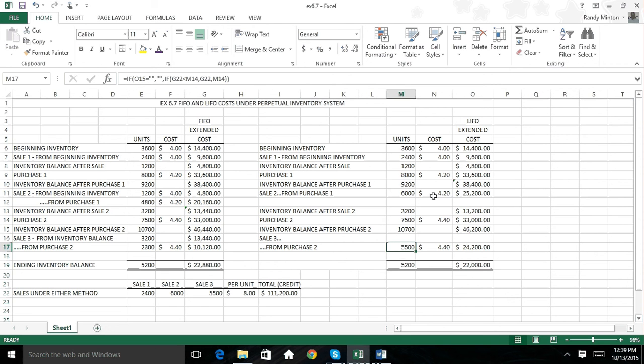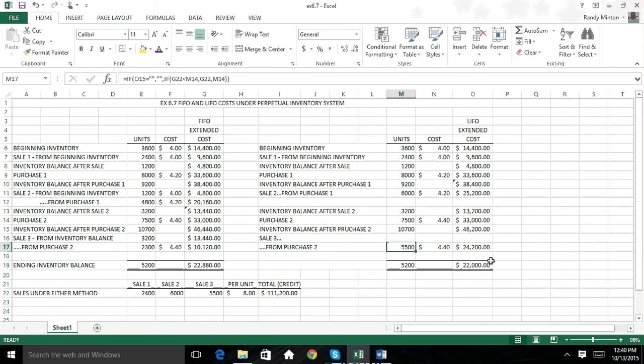Well, you bought 7,500, you took out 5,500, so 2,000 of the units have to come from purchase 2 at 440, and 3,200 of the units would have been left over from all the way back to beginning inventory, essentially. So that's what we refer to as LIFO layering.